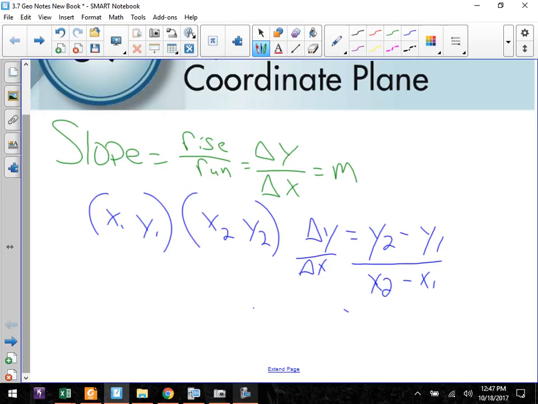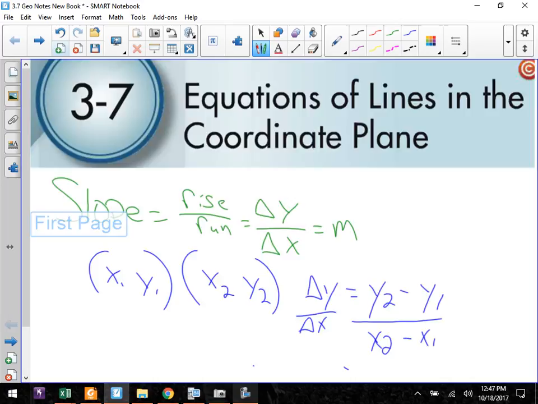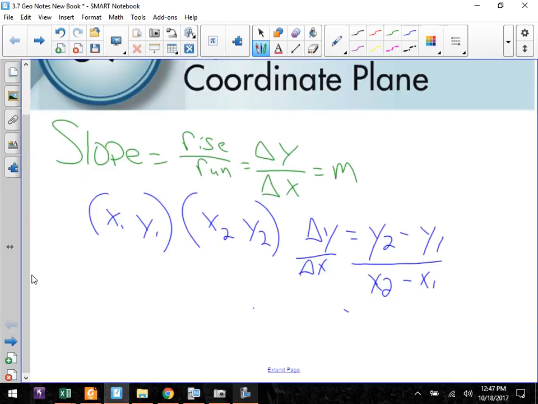Now, how about this? How many types of slopes are there? 4. Very good. There are 4 types of slopes, ladies and gentlemen.